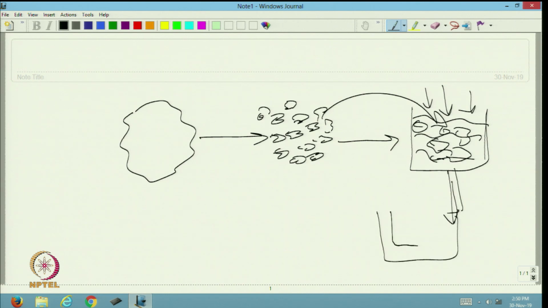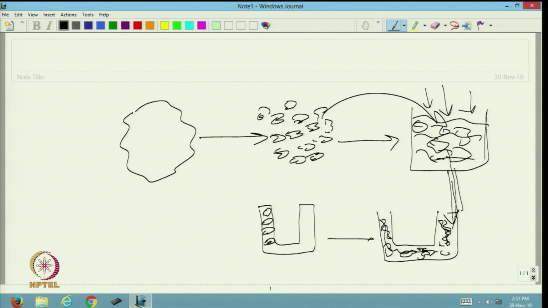There is a mold, and this material comes into the mold with the flakes, depending on the size and shape we want to make. Ultimately we remove the mold, and then we get the flake composite.